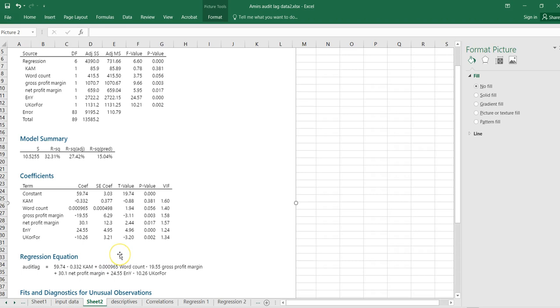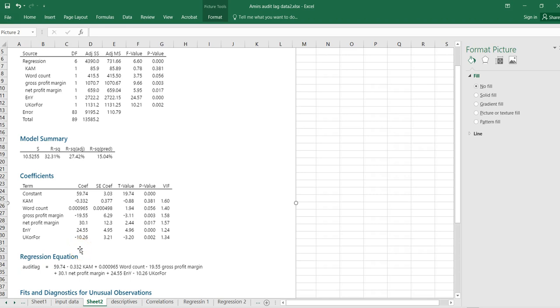It isn't that precise, I'm sorry to say. What you should be doing is having a look at the p-values to see whether they are below 0.05. If they are, it means this is not 0 and therefore has a significant effect on audit lag.